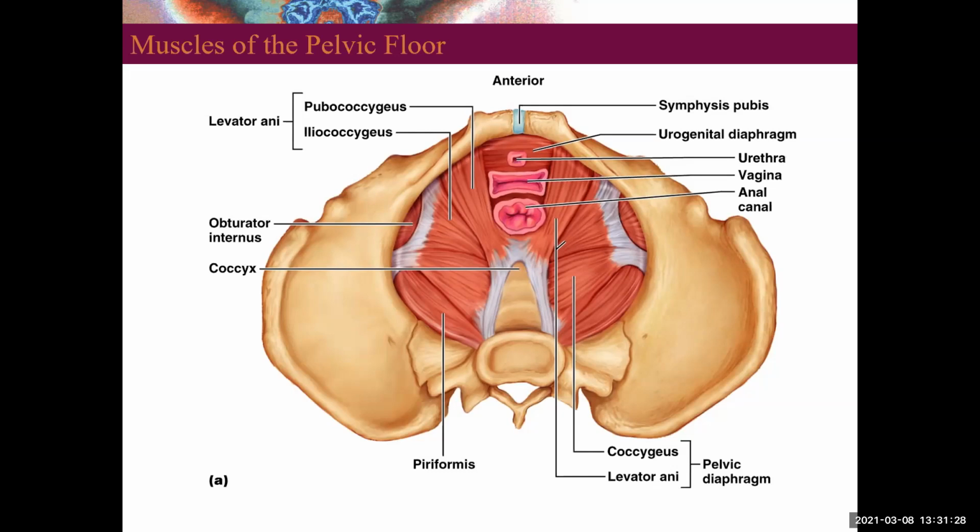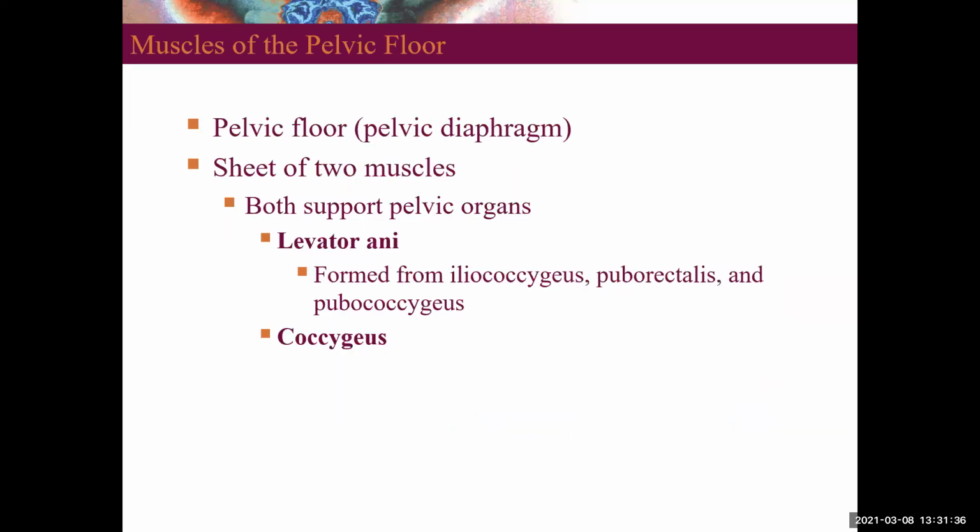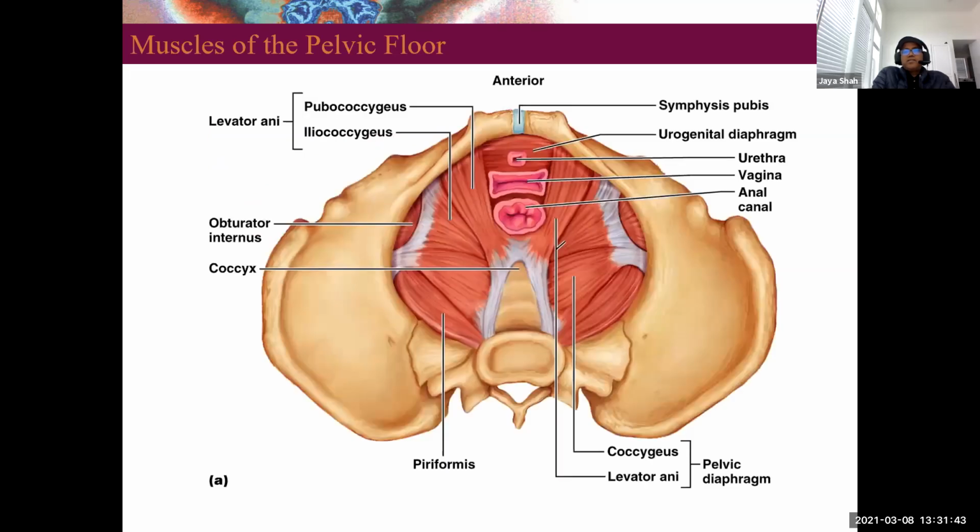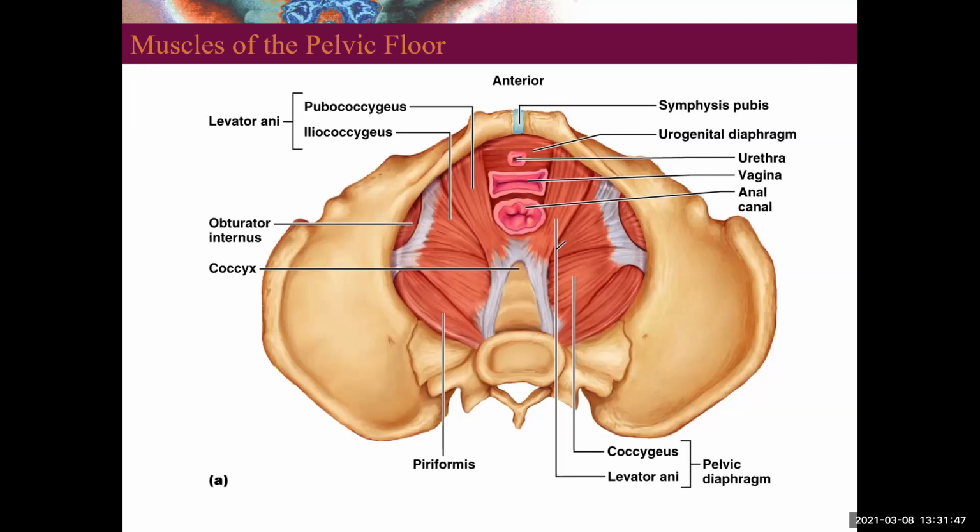Puborectalis, from the slide before. Right there, the 3. Yes, you can add there. In this diagram, we are missing that, I think. So it's technically made from all 3.